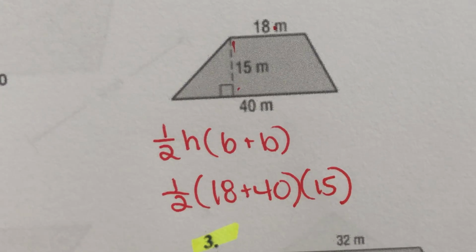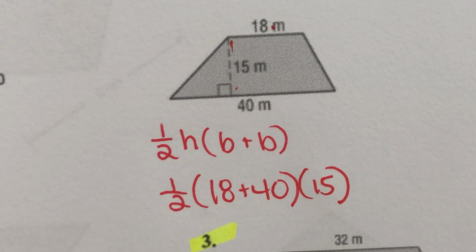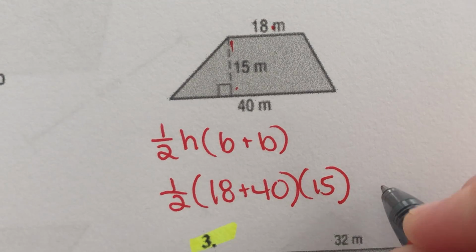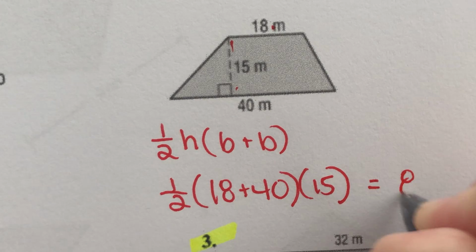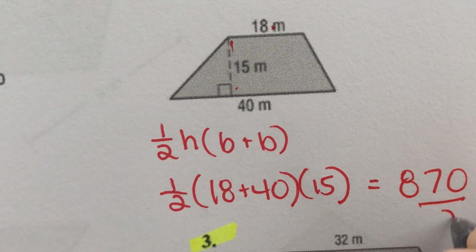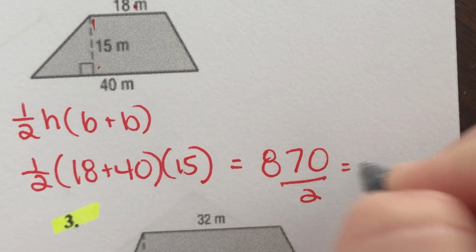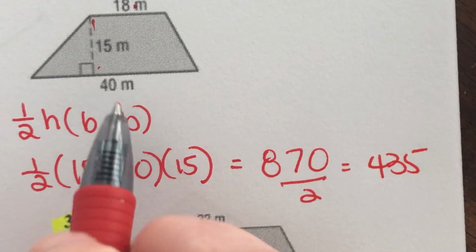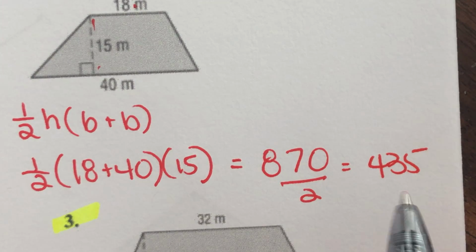Okay, so when we multiply that together, 18 and 40 is 58. 58 times 15 equals 870 times 1/2 equals about 435. So it equals 870 divided by 2, which gives us about 435, and that's going to be in square meters.